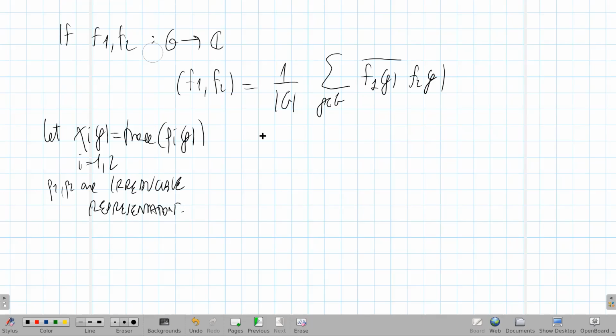Then we have proved, exploiting Schur's lemma, which looks harmless but has quite important consequences, the so-called orthogonality relations.